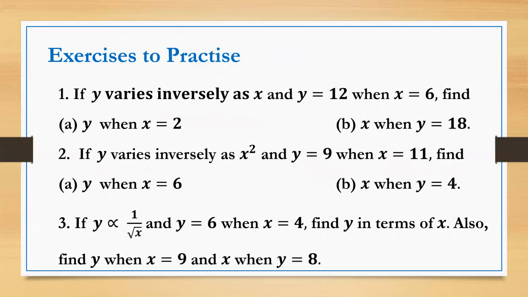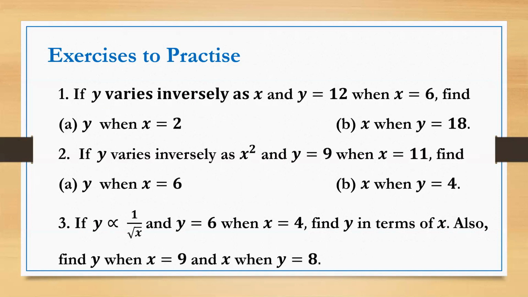So now you have some questions for you to practice. The first question was simple. Y varies inversely as X. The second one, you will have Y varies inversely as X squared.